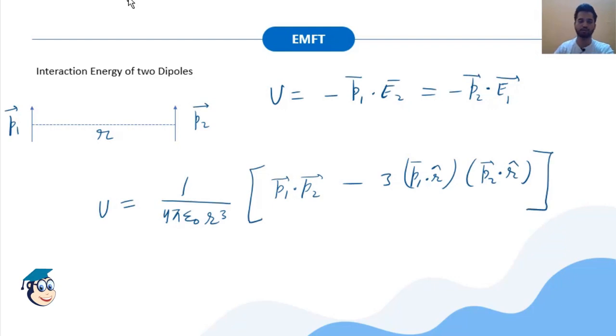Bracket close. So this is the expression of the interaction energy of two dipoles in coordinate-free notation.